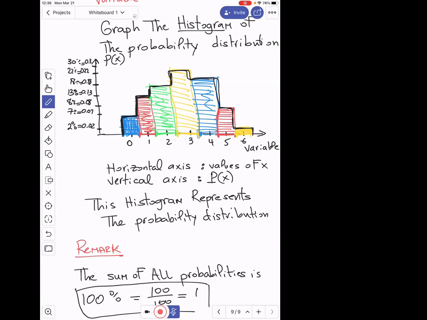So the area under the graph is equal to 1 unit, is 100%, and that's 1 unit square. And that's again just because the sum of all your probabilities is equal to 100%.